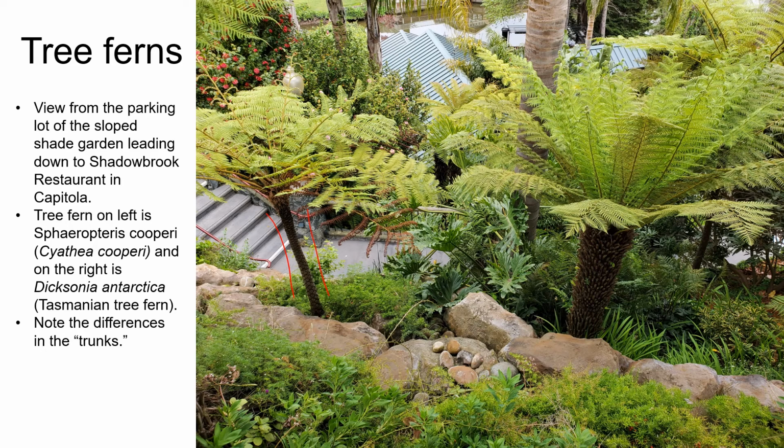On the right, with the much thicker trunk and a much denser crown, is the Tasmanian tree fern. Maybe one way to remember what I've just said is that both thicker, as in thicker trunk, and Tasmanian begin with a T.